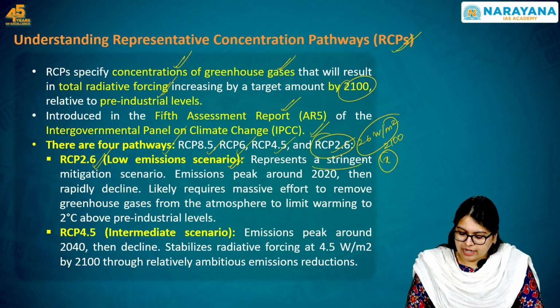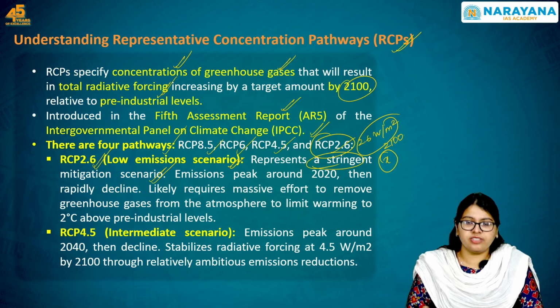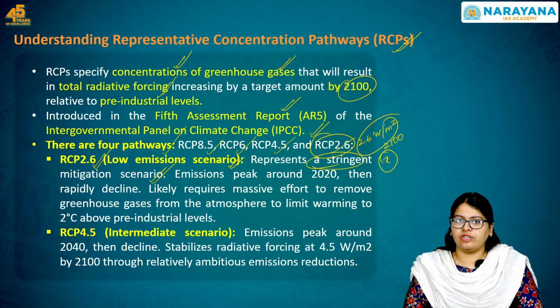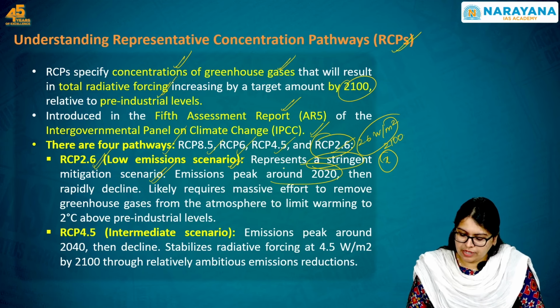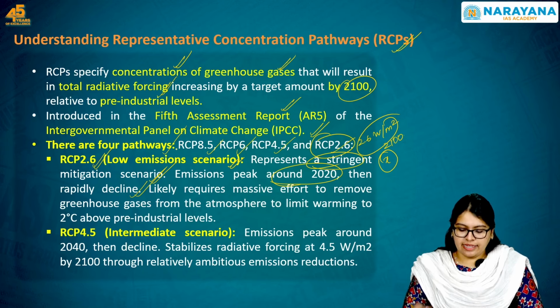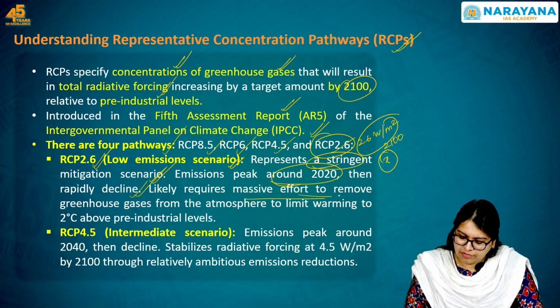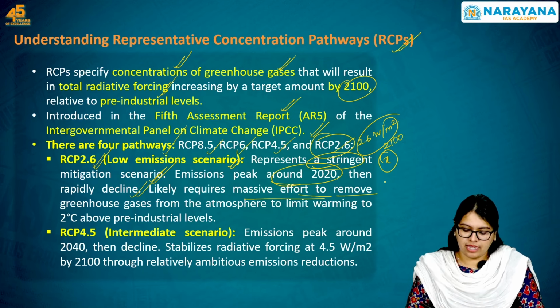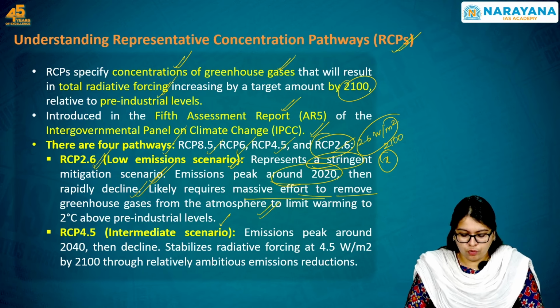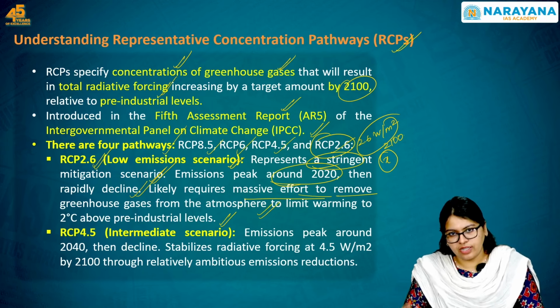This represents stringent mitigation taking place in an economy, and when this is followed, the emissions will peak around 2020 and then rapidly decline. This likely requires massive effort to remove greenhouse gases from the atmosphere in order to limit the warming to 2 degrees Celsius above pre-industrial levels.